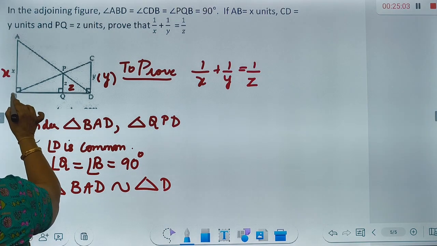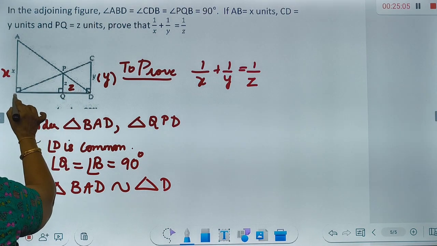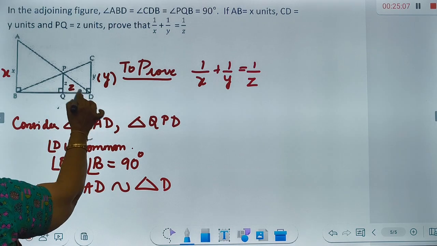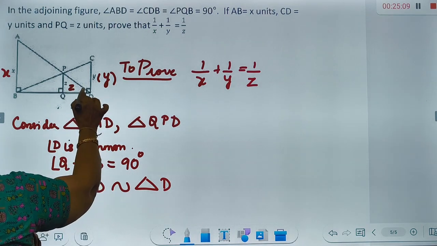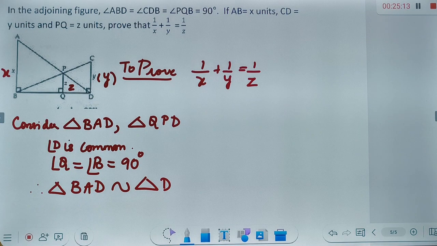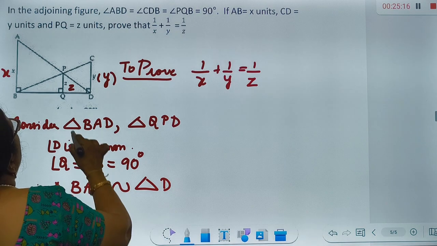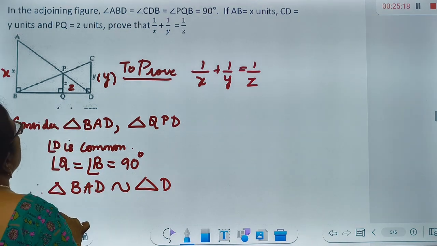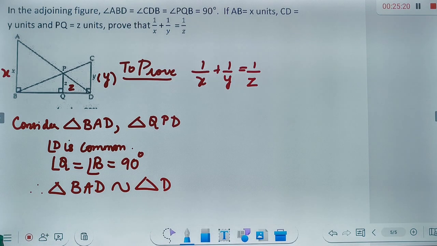If you look at this whole triangle, angle B is 90 degrees. So if you look at this small triangle, this angle D, when I say angle D, I mean angle PDQ. Okay, so that is D, and angle Q corresponds to... so how will you write the similarity?